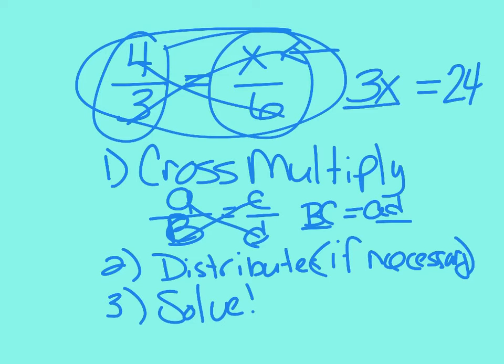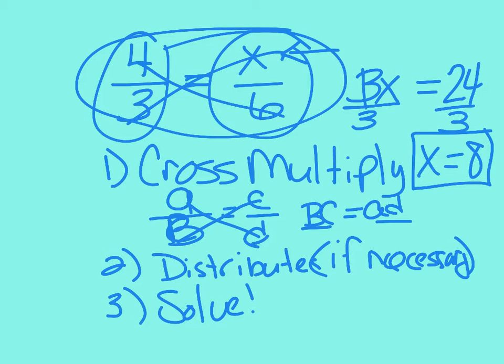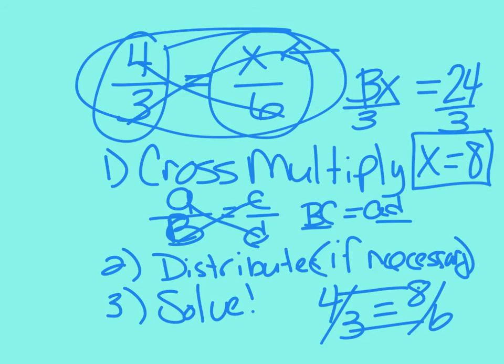Then I just solve. Divide by 3, so x equals 8. And if you look, 4/3 is the simplified fraction of 8/6, isn't it? 4 will go into 8 2 times, and 3 will go into 6 2 times.